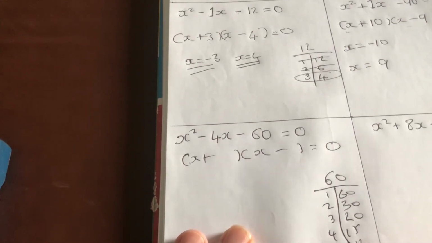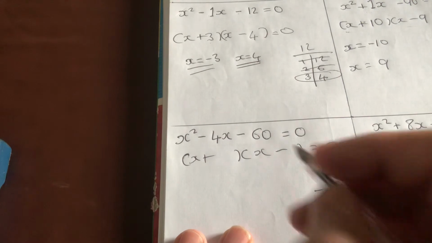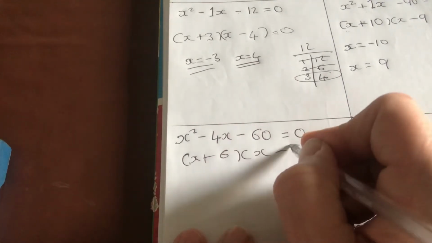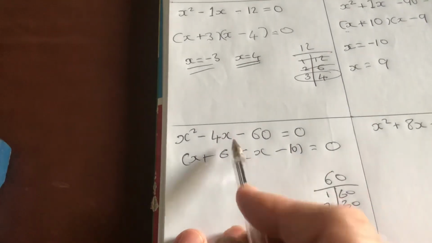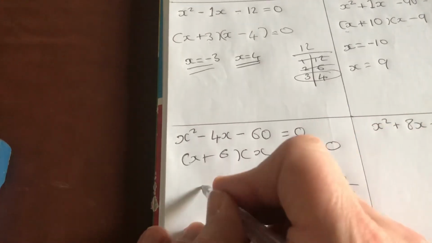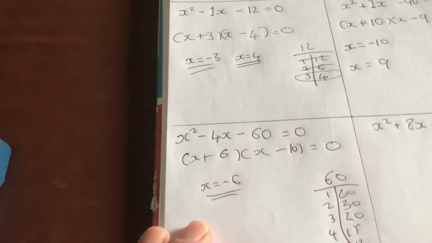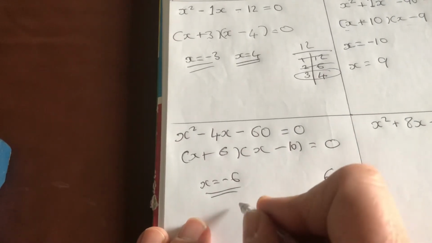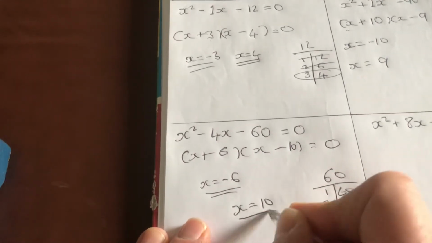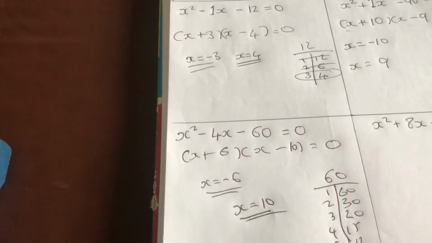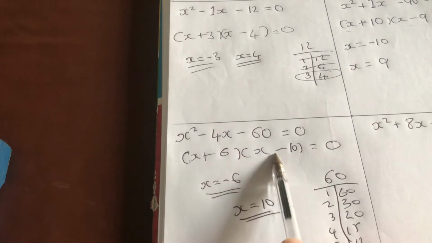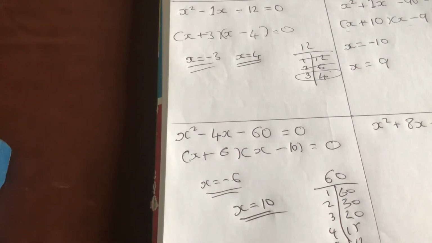There you go, 6 and 10. There's your difference of 4, and it's negative, so it'd be 6 minus 10. 6 minus 10 gives me my negative 4. So x is negative 6. Hopefully you got the idea of making the bracket 0, and x equals 10. So when one of the brackets is 0, the whole thing multiplies to make 0.